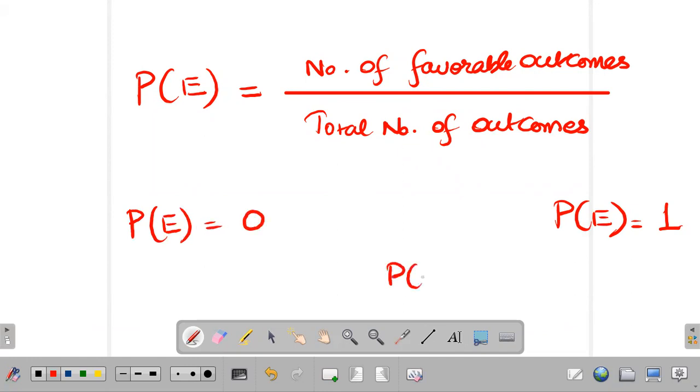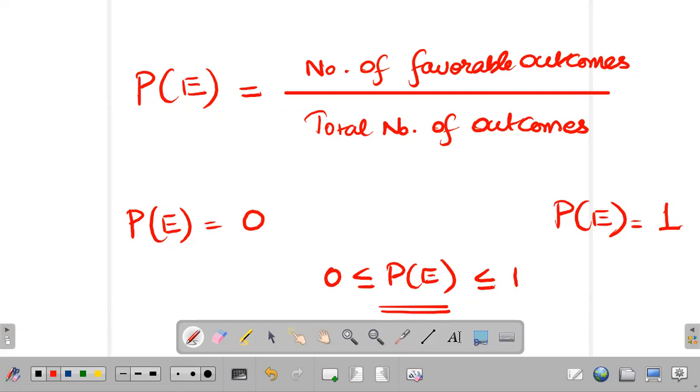So the probability of any other event will always lie between 0 and 1. It is always between 0% and 100%, which means I cannot have a negative value for P of E, and I cannot have a value greater than 1, or greater than 100%, for P of E. So please make a note of this.